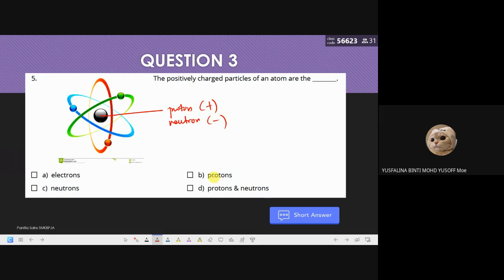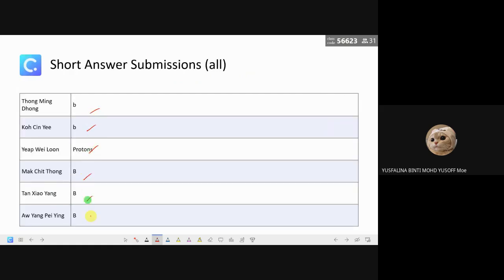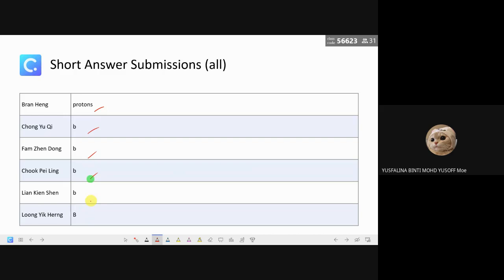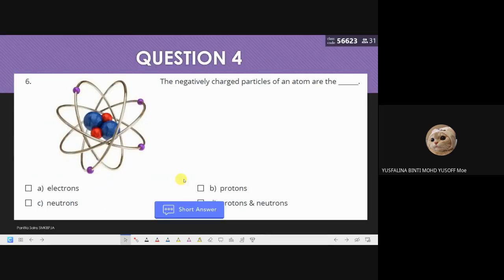So the answer is B. Some answered A, no. Proton is positive, electron is negative, neutron has no charge. Very good.